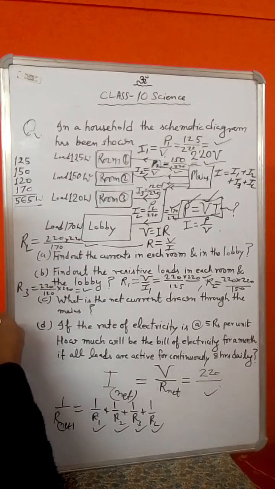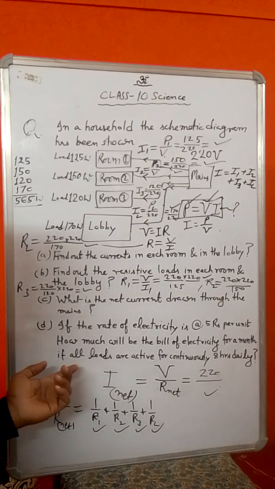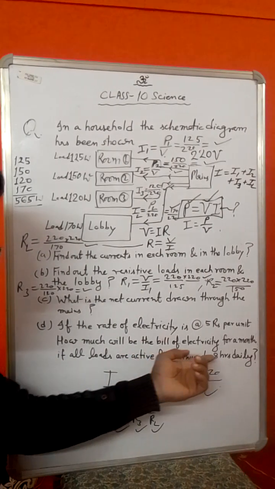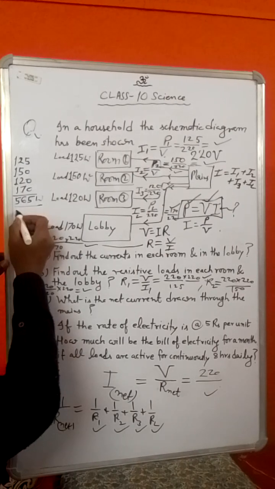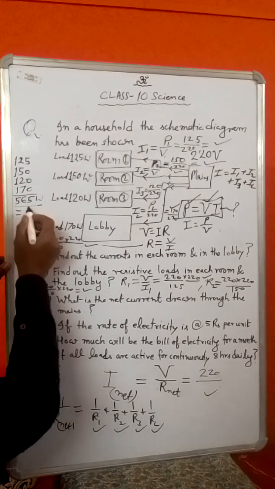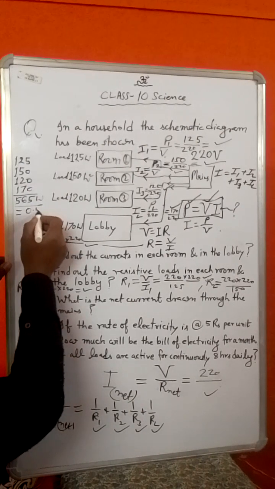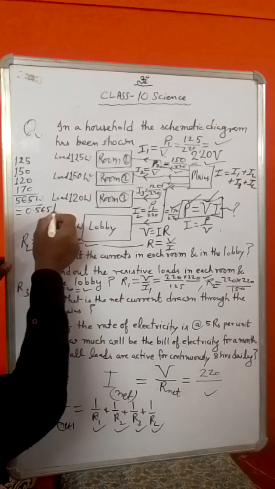Correct? Now this is in watt. It has been said that all the loads are active for continuously 8 hours. Right? So first of all, this 565 watt can be written as 0.565 kilowatt.